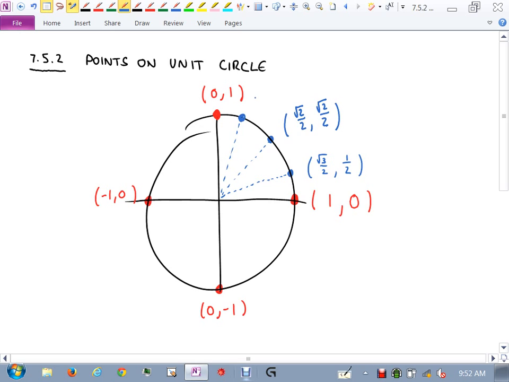And then this last point, which is the 60, is 1/2, root 3 over 2. Does that look familiar? Yeah, it's the same thing that we had for the 30 degrees, isn't it? Just change the x and y coordinate. If you can memorize these 3 points right here, then we should be able to construct the rest of the unit circle without having to think too much about it.